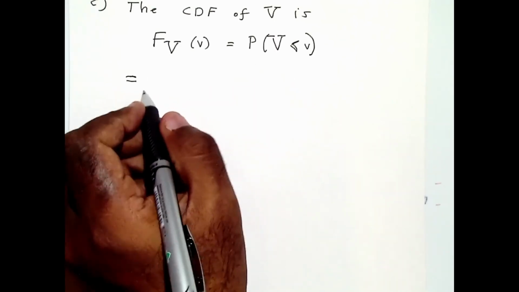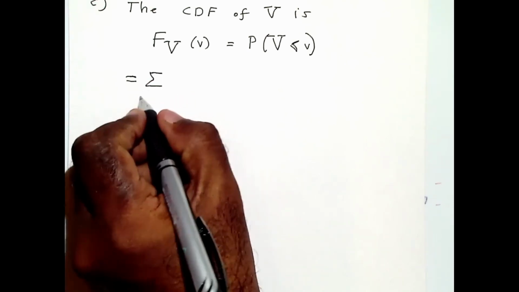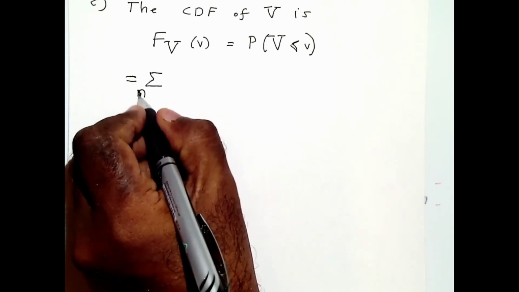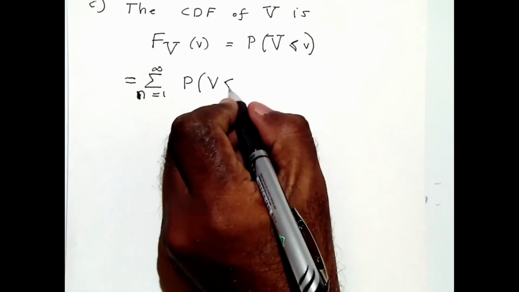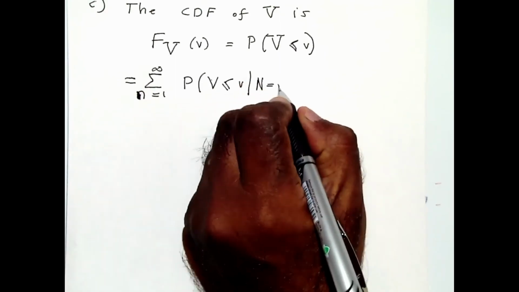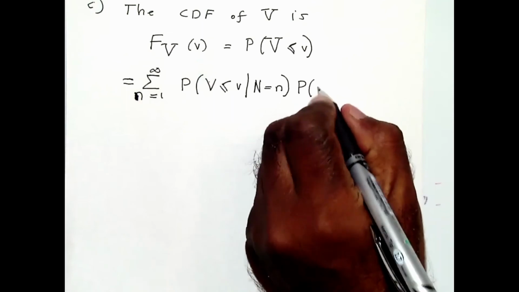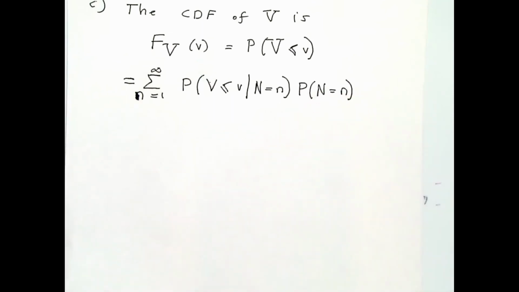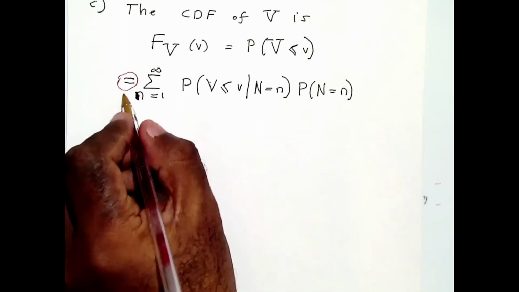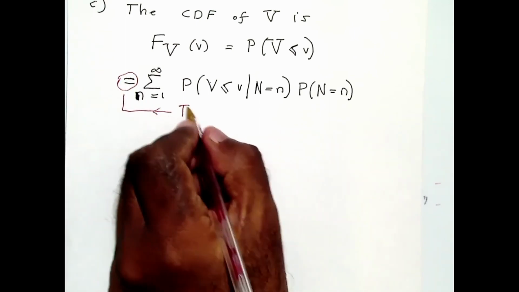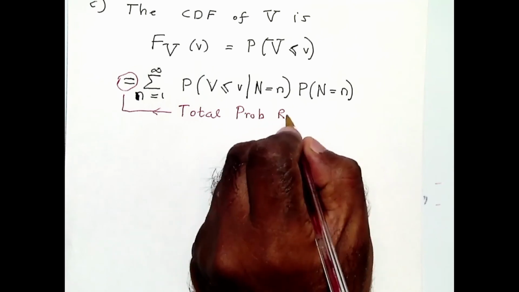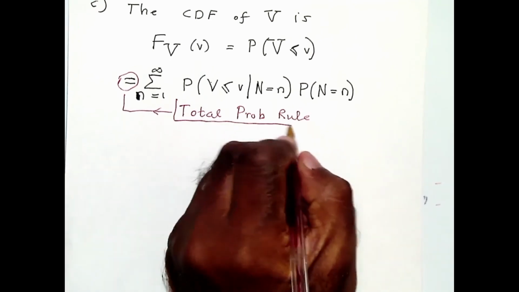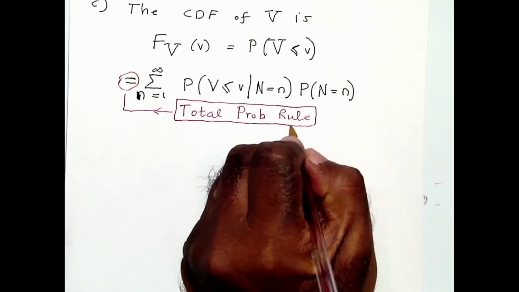And now I'm going to use the total probability rule, and I'm going to write this as a sum of the conditional probability of V multiplied by this.